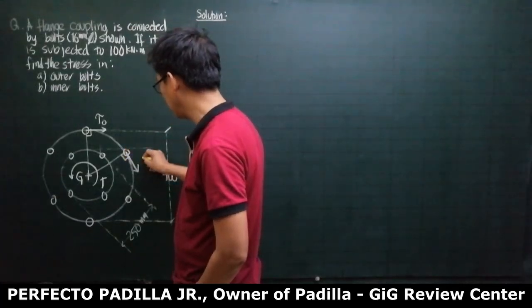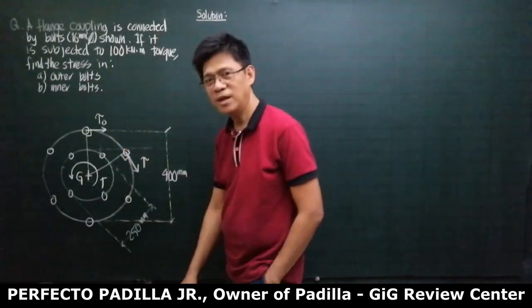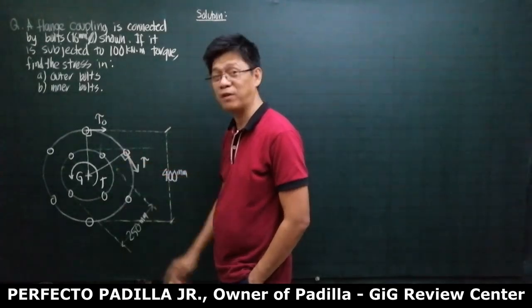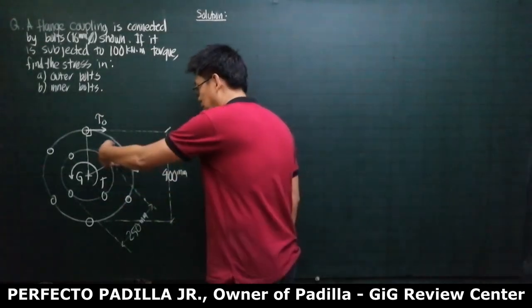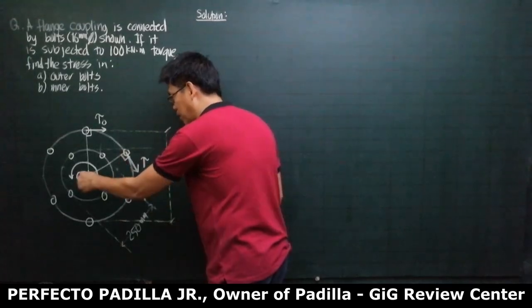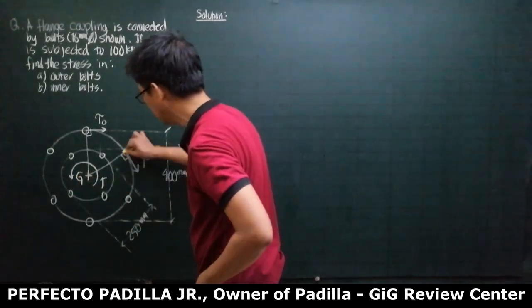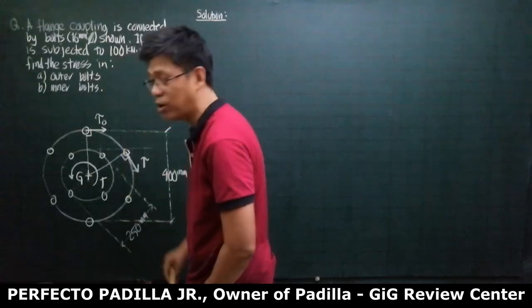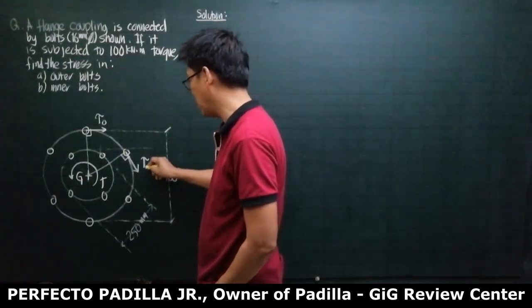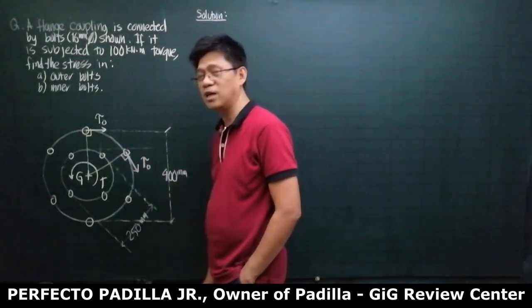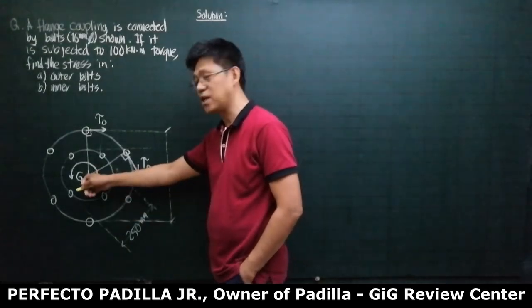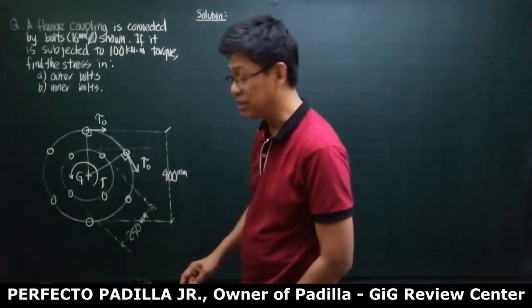If you multiply this by the area, it will be the force. The direction of the stress is always perpendicular to its distance from the centroid. This is its R or its C. This is tau outer. This and this are equal because their distances from the centroid are the same.